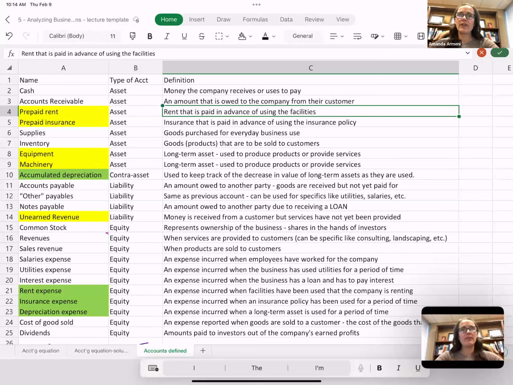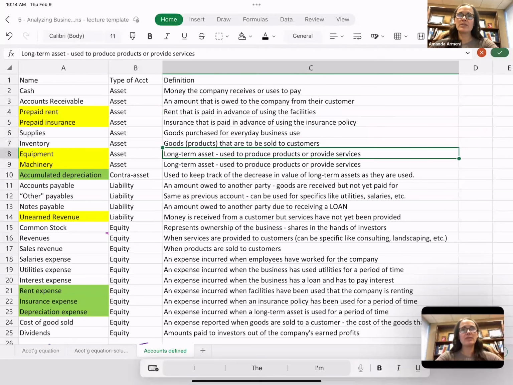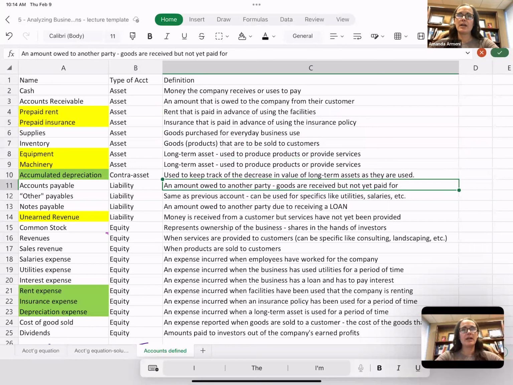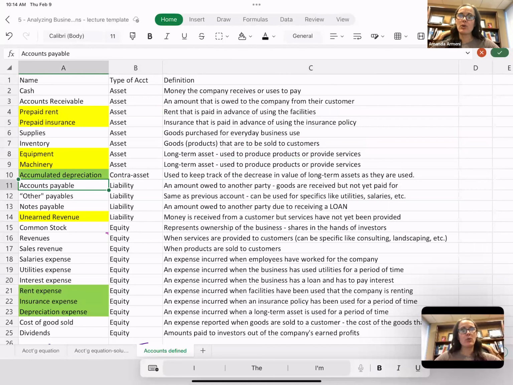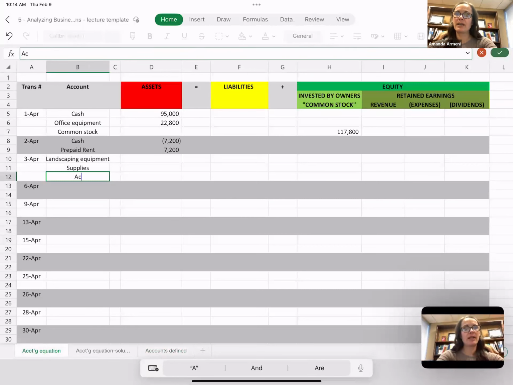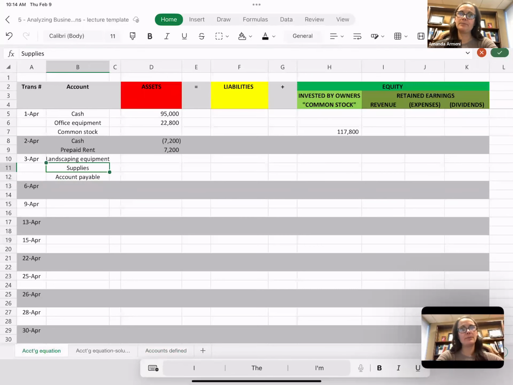If I think about all of the different account names that I have defined, an amount owed to another party, goods are received but not yet paid for. That's exactly what happened. We received this landscaping equipment and these supplies, and we said, we will pay you in 10 days. So the account that we're going to use when we owe someone for these items that we've currently received is going to be accounts payable.